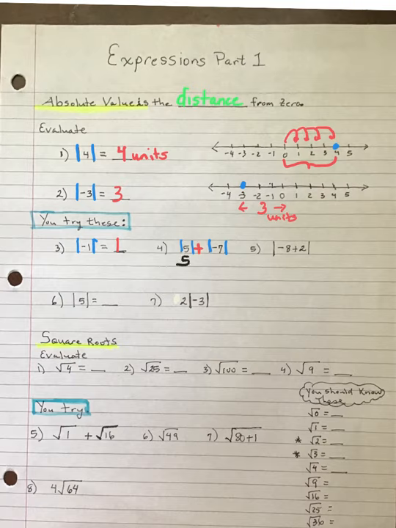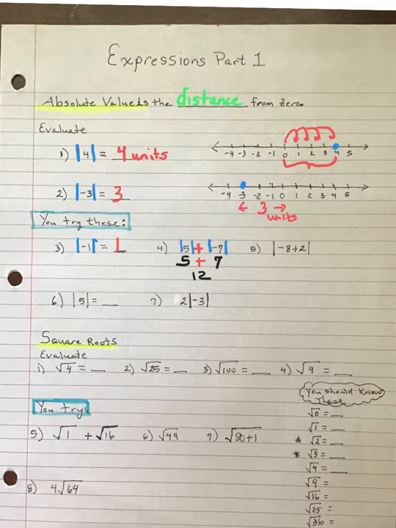How far is -7 from 0? It is 7 units. And then we add those two together. 5 plus 7 is 12. So your final answer should have been 12. And that should have been the work you showed. You cannot just have answers. You must show work when there are multiple operations.